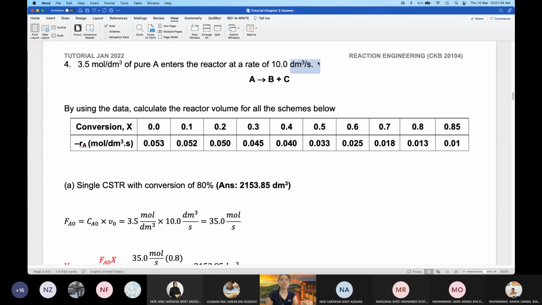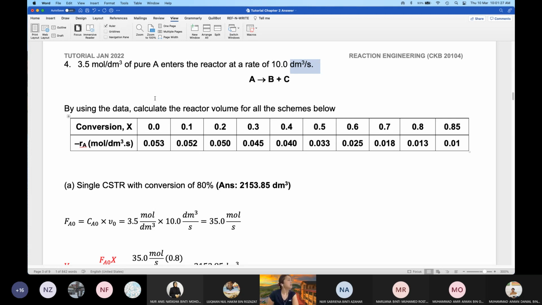Same concept, if you thought this 10 was FA0, the whole question would be wrong. Or if you thought this 10 was CA0, the whole question would also be wrong. So you cannot make this mistake. Check the unit, look at the dimension, be really sure. Okay, so done. We know CA0 is 3.5 and V0 is 10.